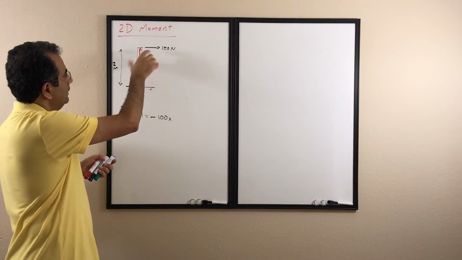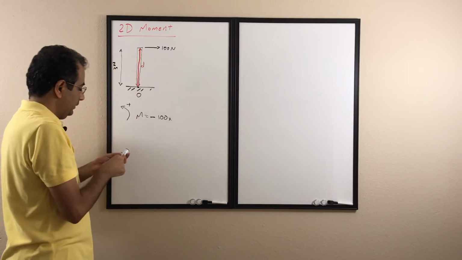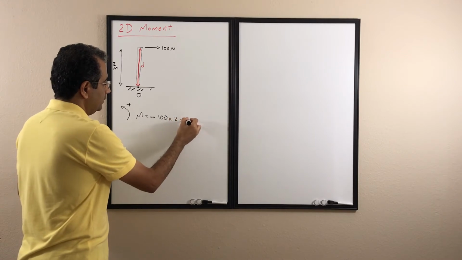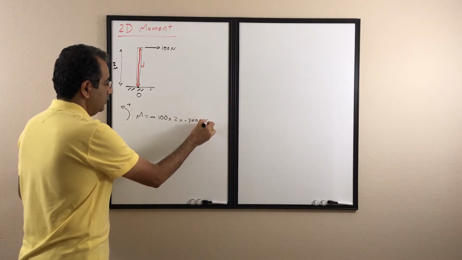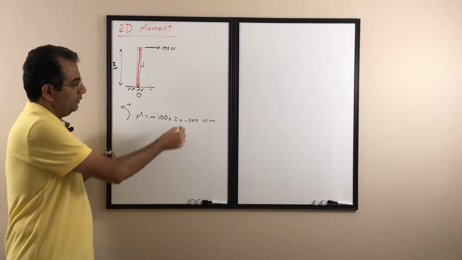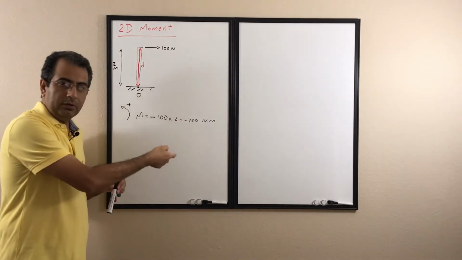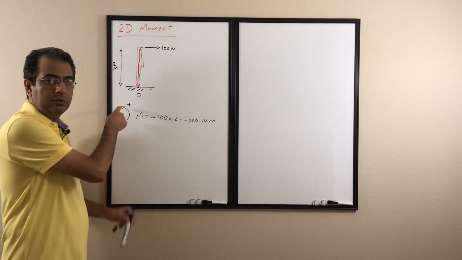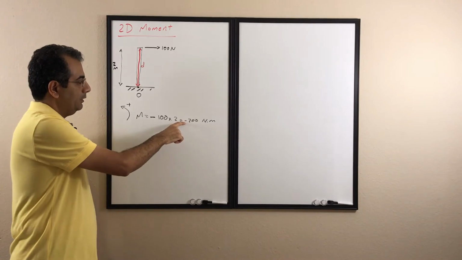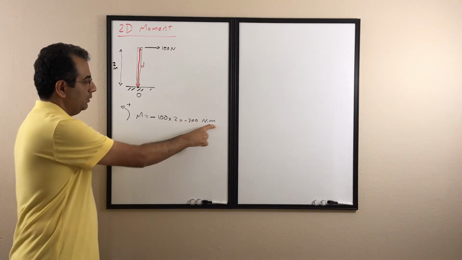So that's the distance D, that's the force, times 2, and it's going to give us minus 200 Newton meter, the moment of that force. The negative means it's a clockwise rotation, because we chose counterclockwise positive. So the rotation is clockwise and the magnitude is 200 Newton meter.